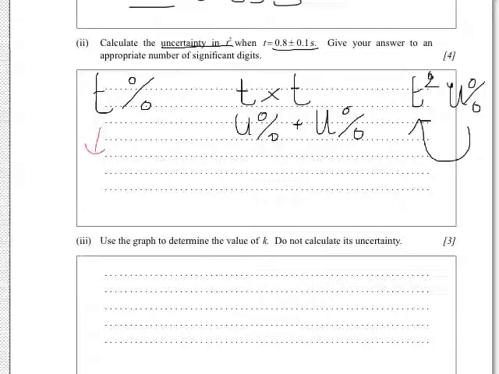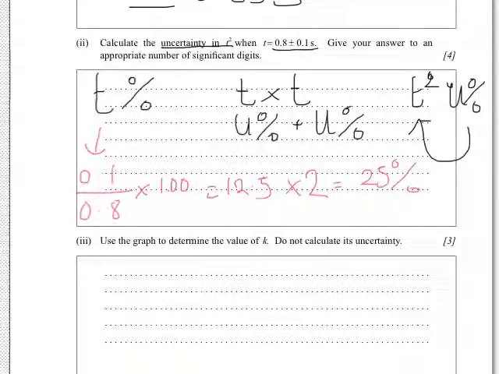So we'll do that step by step. First, find the percentage uncertainty in t, which is 0.1 over 0.8. Okay, so 0.1 over 0.8 times 100 would give us 12.5. So 12.5% is the percentage uncertainty of t.